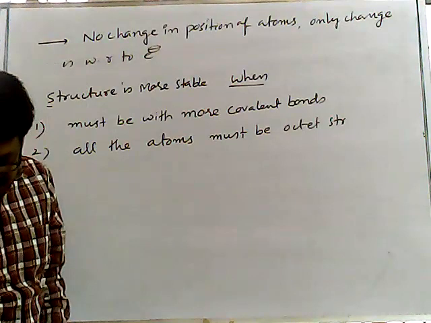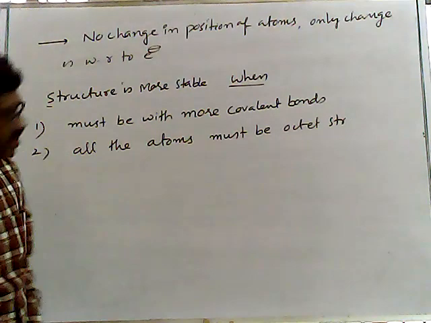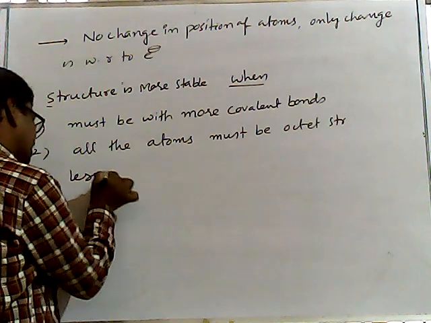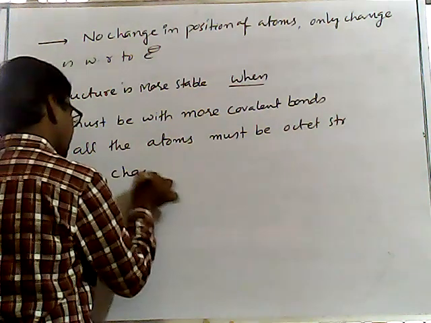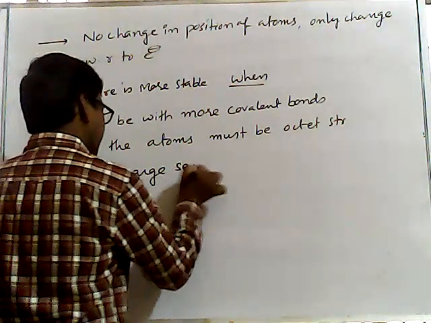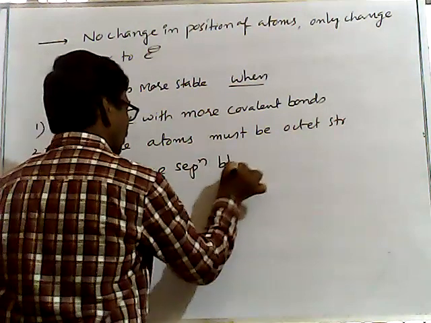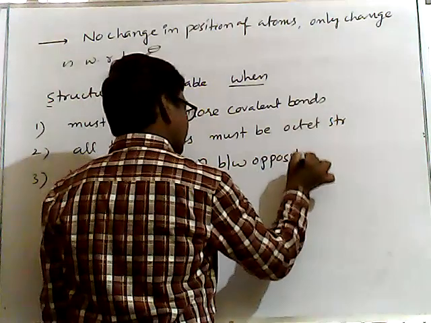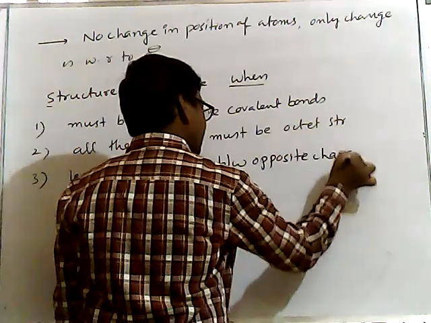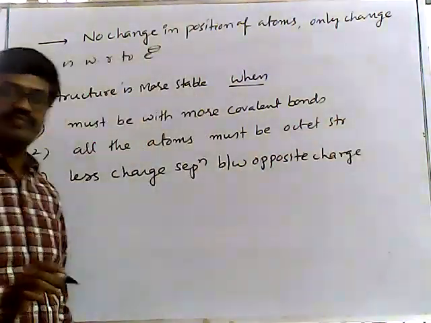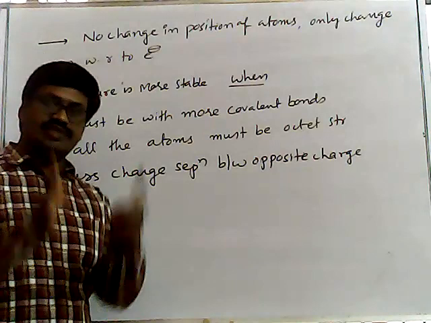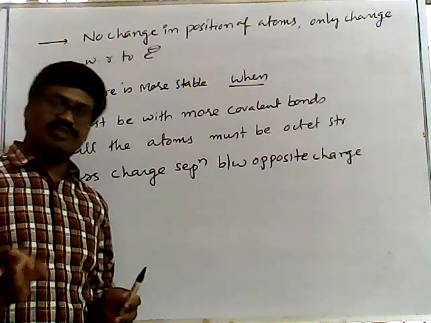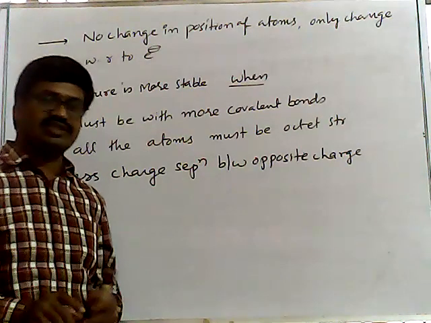And the next thing is less separation of opposite charges. Less charge separation between opposite charges. Suppose you have 4 carbons, and in one structure two opposite charges are present on the first and fourth carbon, and in the other structure on adjacent carbons.